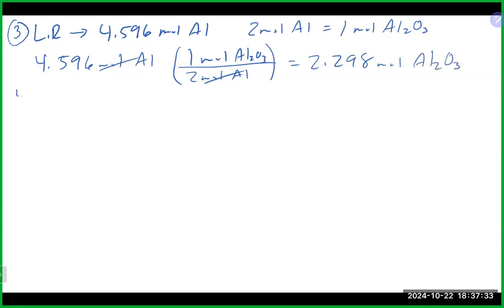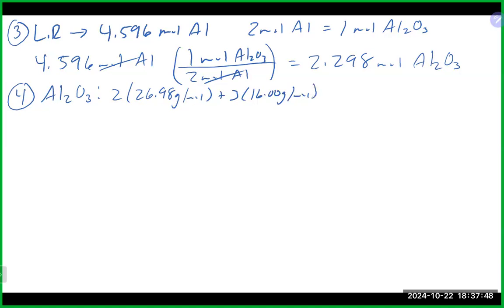The last step is to figure out how many grams that would be. So again, we go to the periodic table and grab the molar mass: 2 times 26.98 for the aluminum, plus 3 times 16 for the oxygens. That's about 100, we'll call it 102 grams per mole.